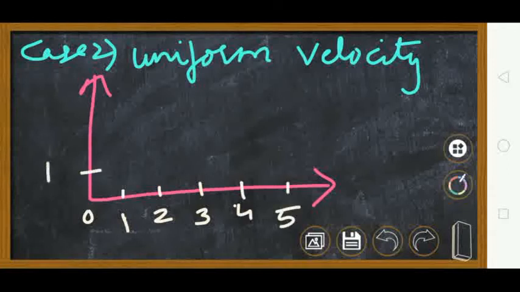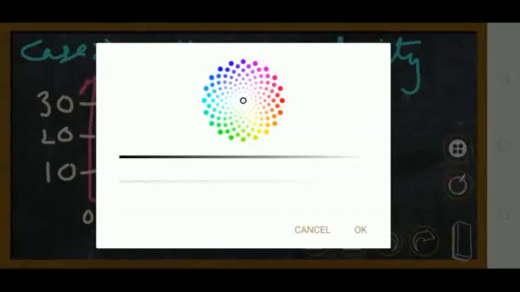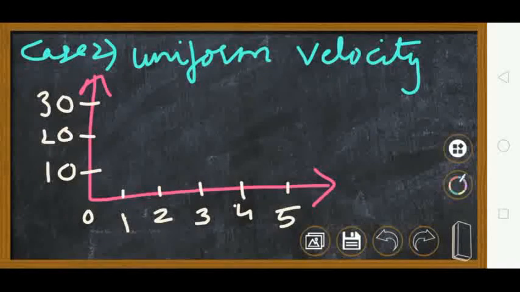And here, because I am going to take distance, I will take 10, say 20 and say 30. At 0 second the body is at rest, so it is at this point.